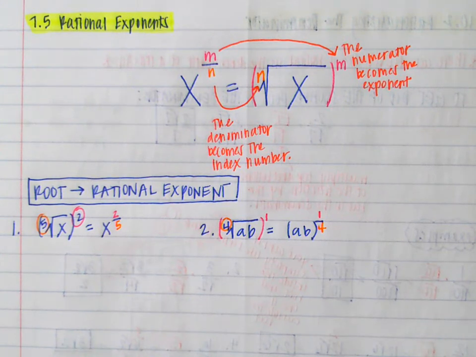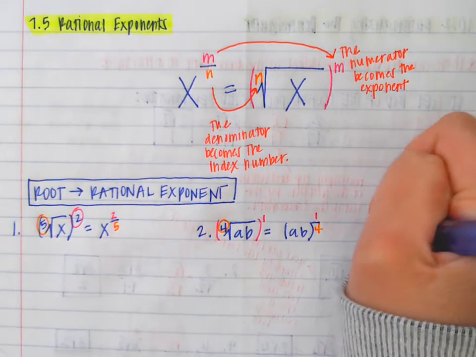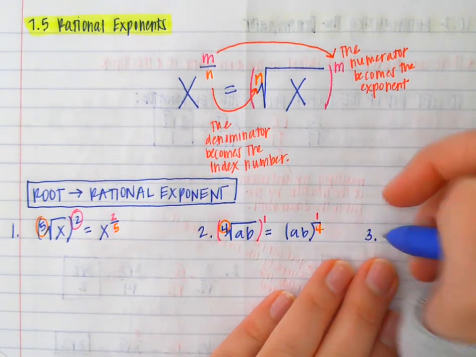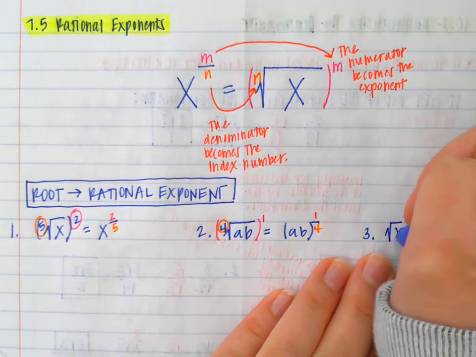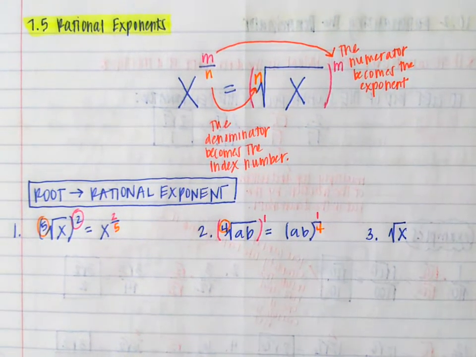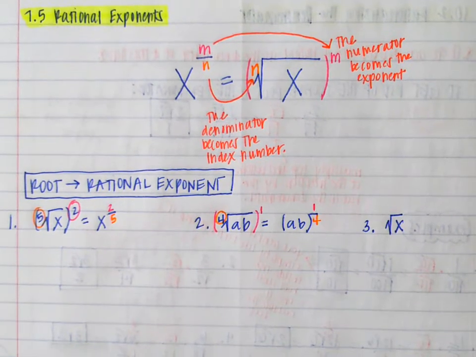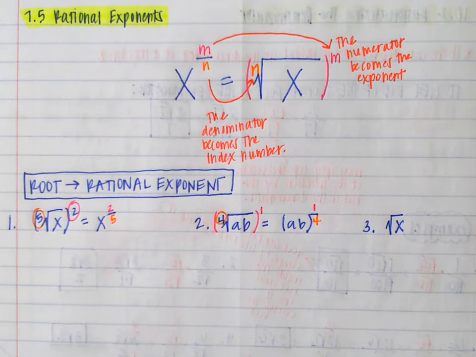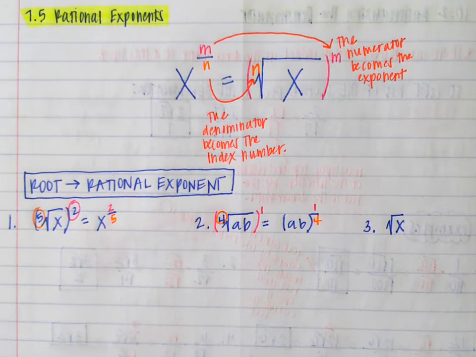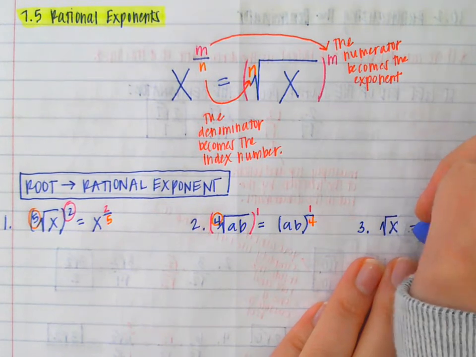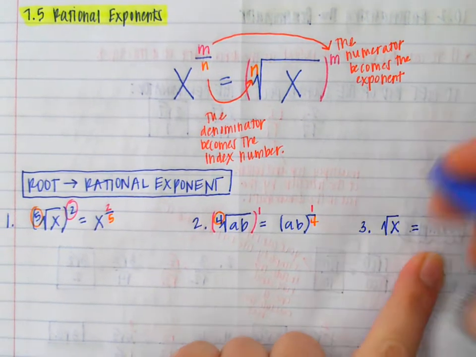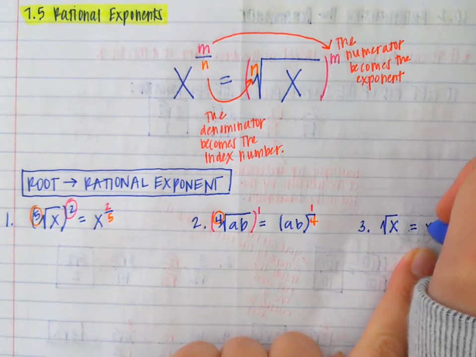Okay, last one in this section. How would you rewrite the square root of x? Think about how you would rewrite the square root of x. And if you're thinking, I don't know, where are all those numbers? Well, remember what we know. What's inside the root is x, so that's going to be my base.